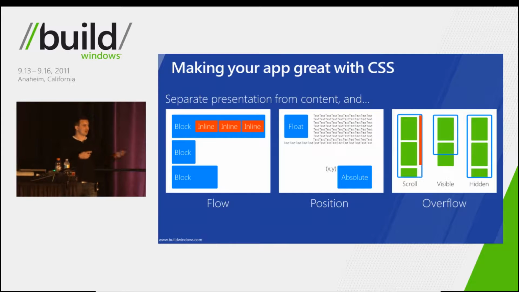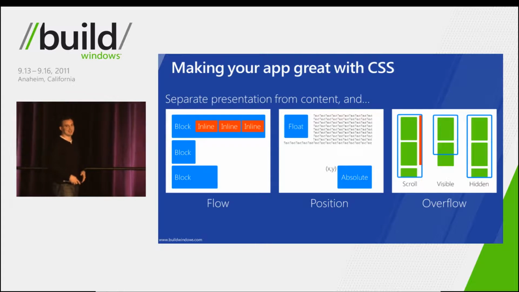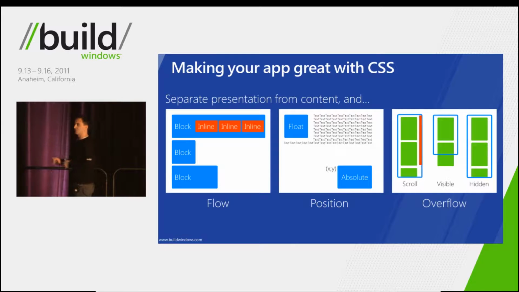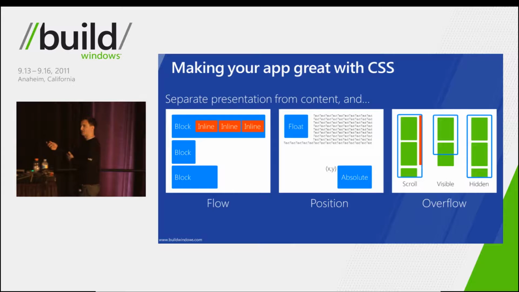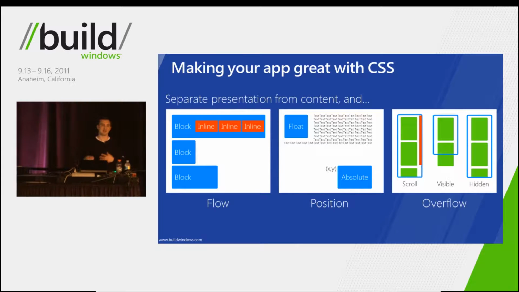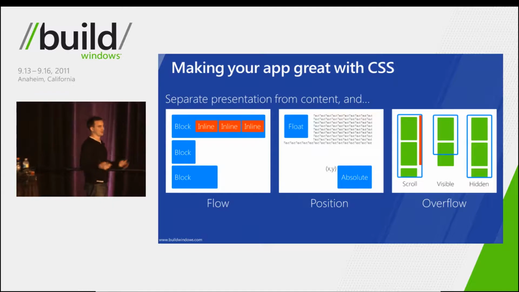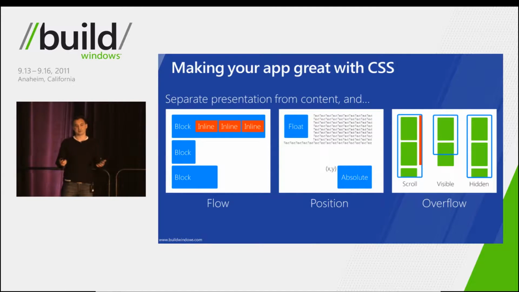Of course, you're going to start by separating content from presentation. All of you know this by now as CSS developers. What that allows you to do is create your content with HTML and then style your content with CSS. That's always been very important when creating sites and apps in the web platform, and is even more important as you develop Metro-style apps that are going to adapt well to multiple screen resolutions and provide a great user experience across those resolutions.